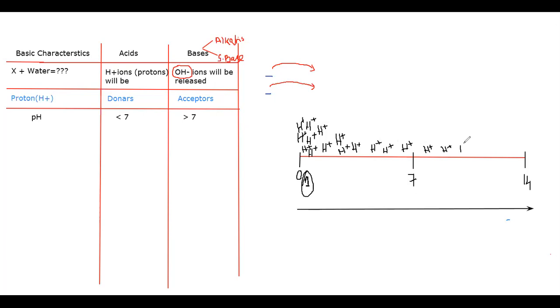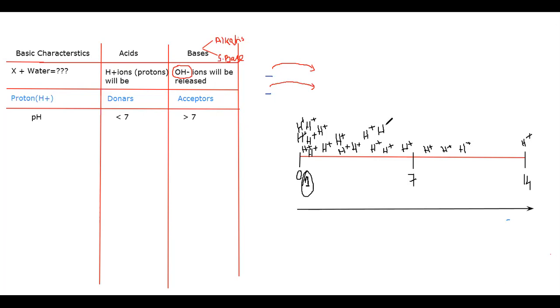So according to that concept, the quantity of hydrogen ion is very high when the pH is low.